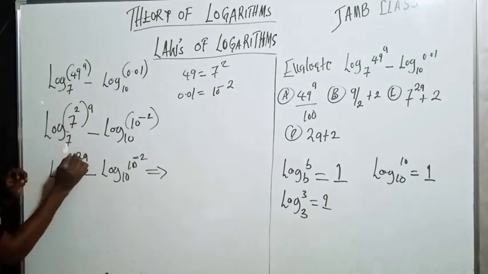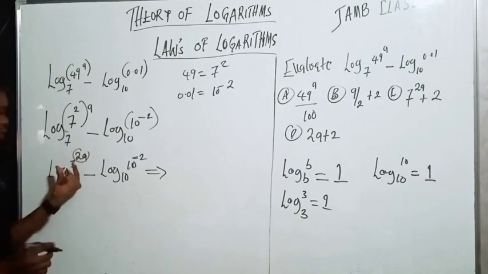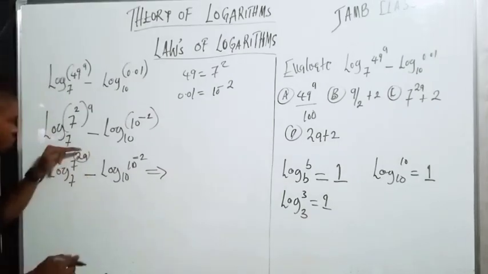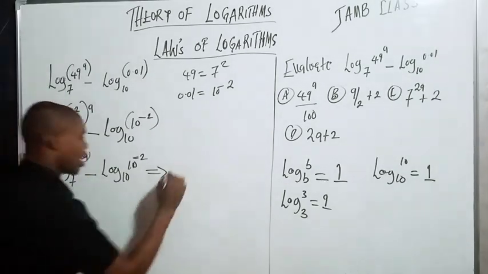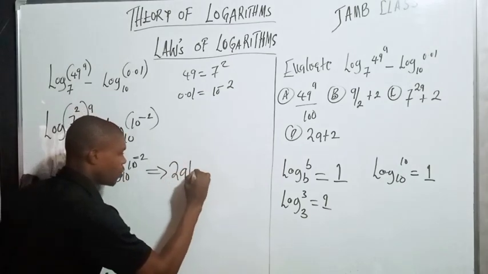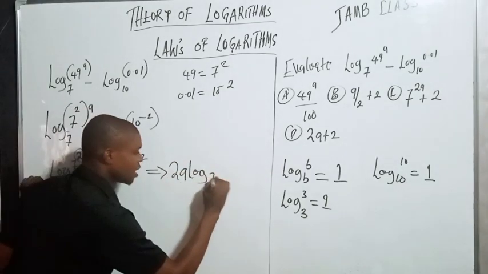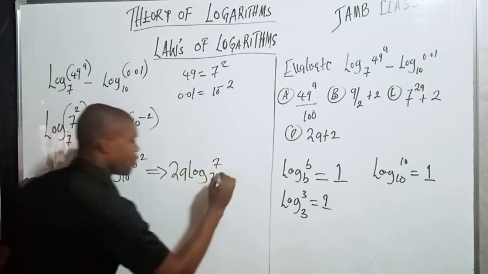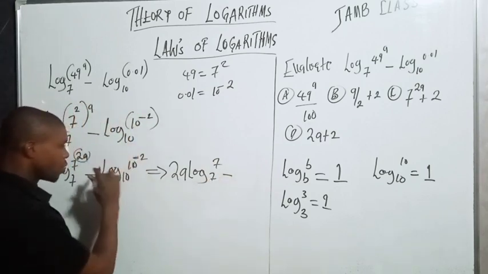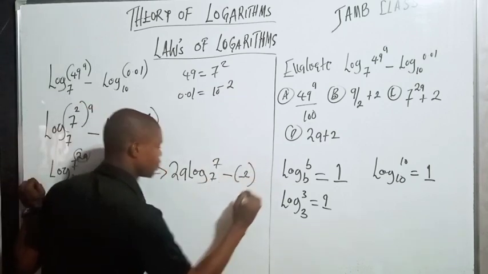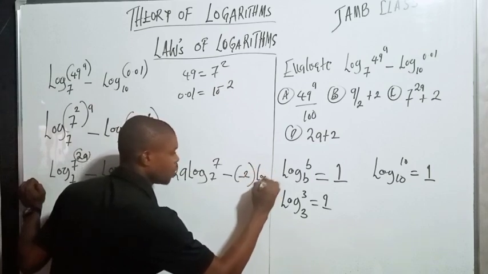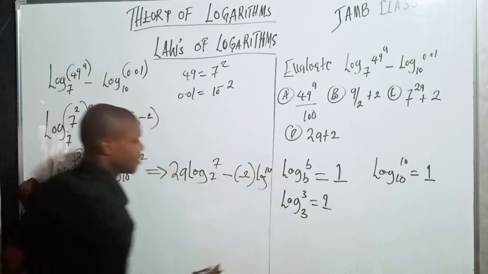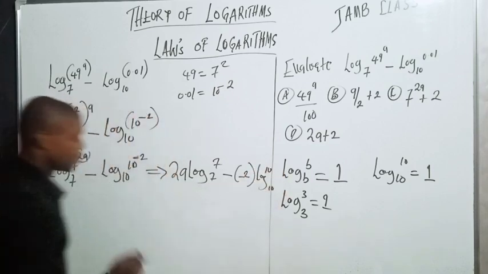Now what do we have here? This one is called the index law. So moving it down, we have 2a log 7, minus, remember there's a minus here, minus 2 log 10.